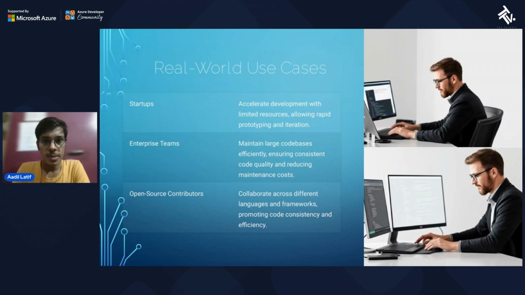Open source projects often have diverse code bases, which can be challenging for a new contributor. Copilot Studio helps by offering suggestions that align with the project's conventions, making it easier for contributors to write code that fits seamlessly into the project, not out of the project.